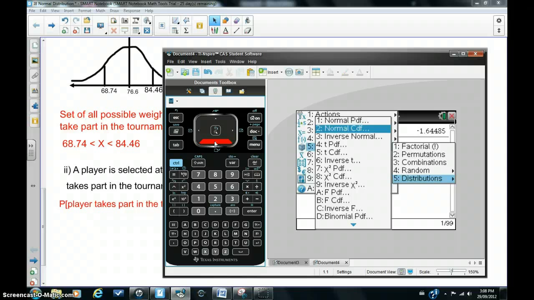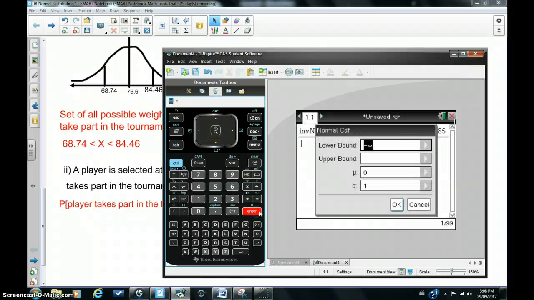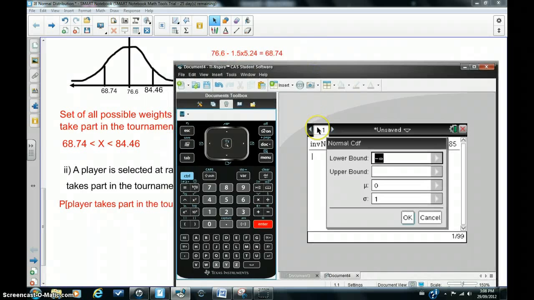We never use normal PDF. Hit enter. Now the lower bound you can take as 68.74 because we want the probability that a player's weight lies between 68.74 and 84.46. That is, his weight lies between those two values.